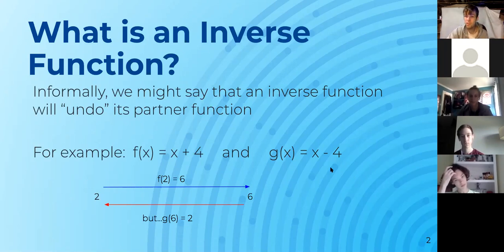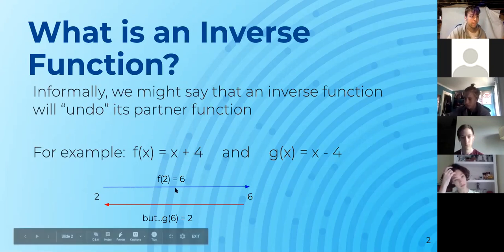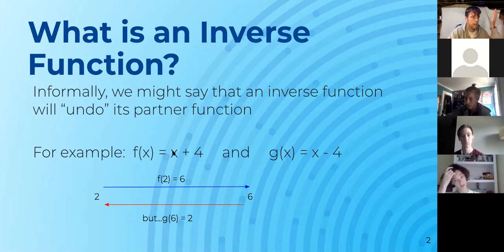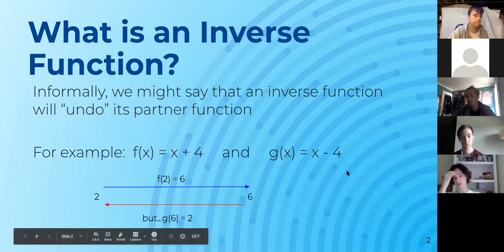There are some more formal definitions of inverse functions. Technically this should work with any number, not just with 2 and 6, and this does work with any number. We could just pick something, say 0. If I put in 0, I get 4. And then I put in 4, I get 0. It undid it, right? It took what the other one did and did the opposite.